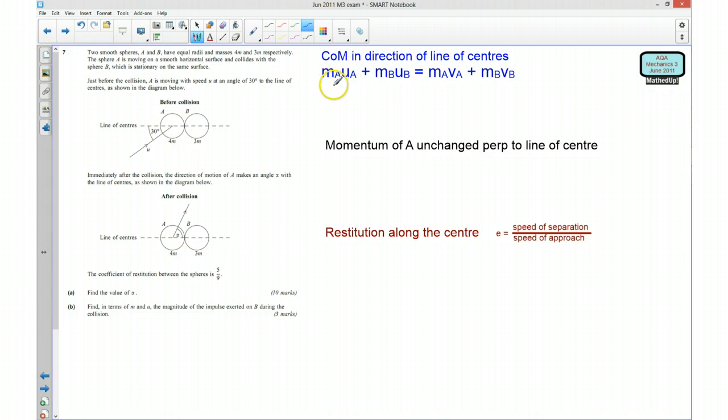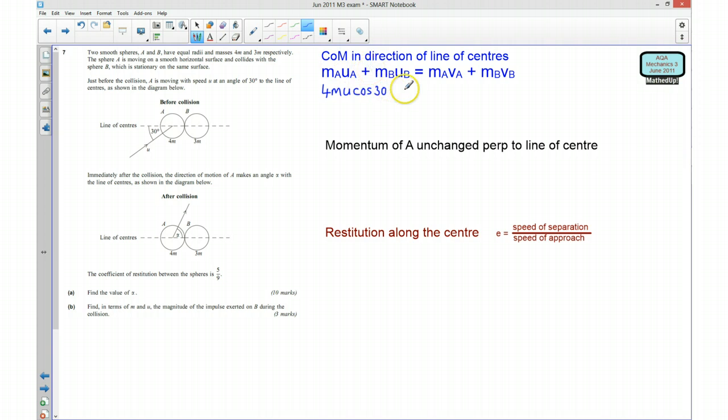that's in the line of centres, our mass times initial velocity of A plus our mass times initial velocity of B is equal to the mass times our final velocity of A plus our mass times our final velocity of B. So our mass of A we know is 4m, so I'm going to start by writing 4m times, and in this direction here we're going to have u cos 30, so 4m u cos 30.